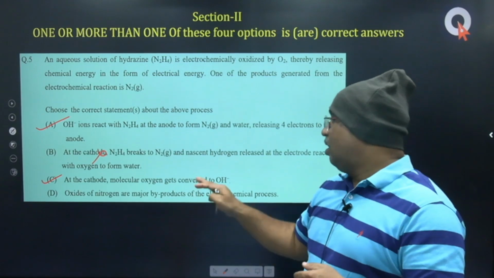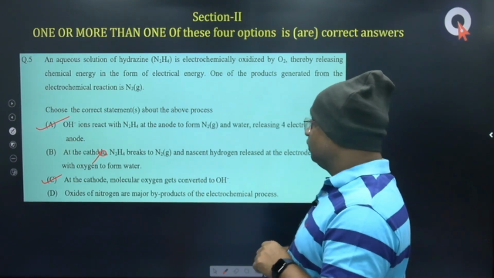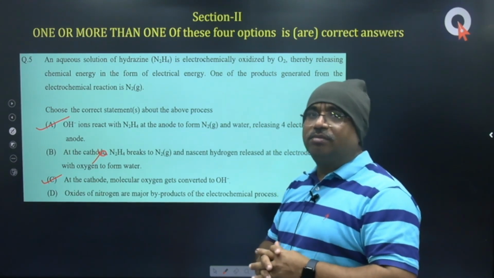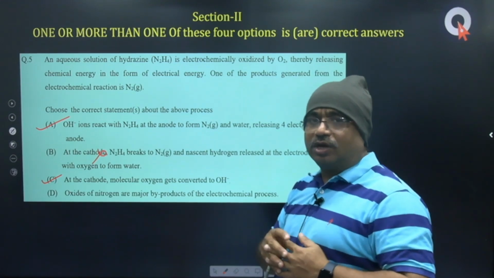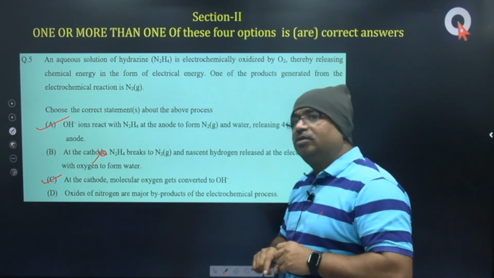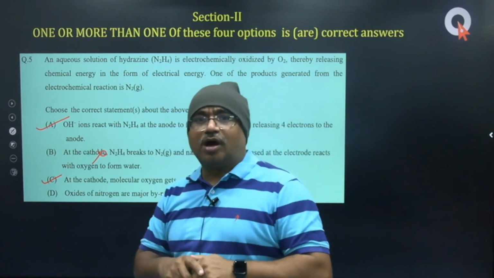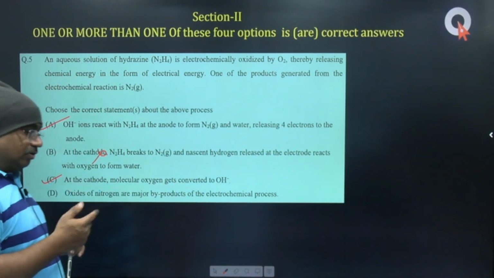Then, oxides of nitrogen are major byproducts of the electrochemical process. But usually the anode and cathode are kept separate. Let us say we try to separate the two products formed at the anode and cathode. But in a chemical reaction, anode and cathode components can react with one another and can also convert into some byproducts.